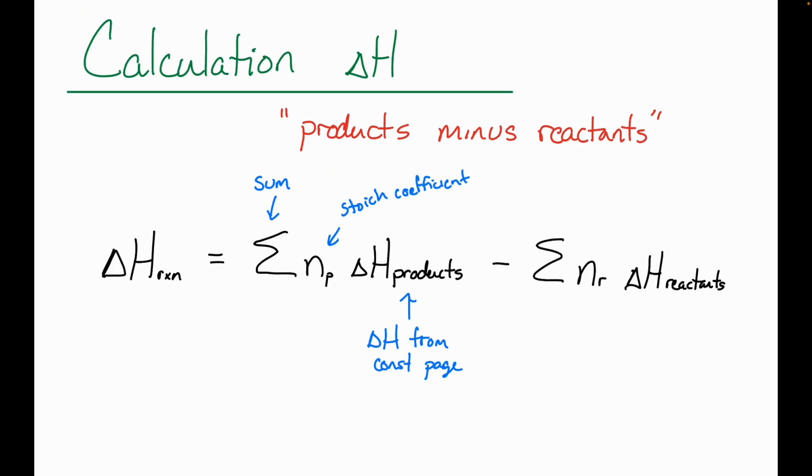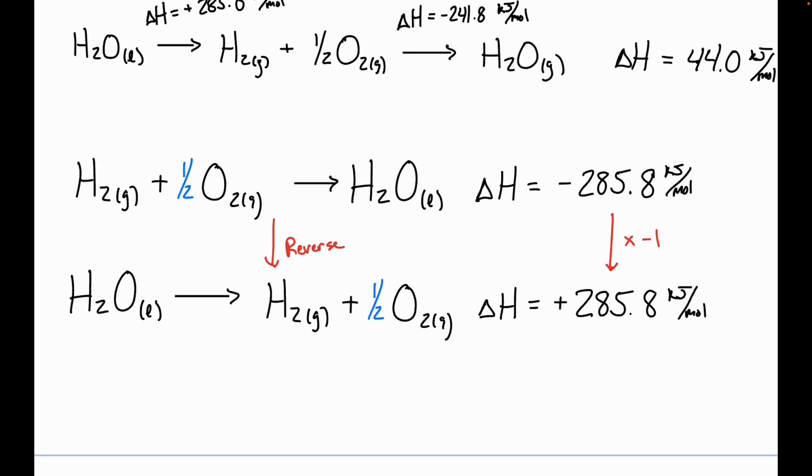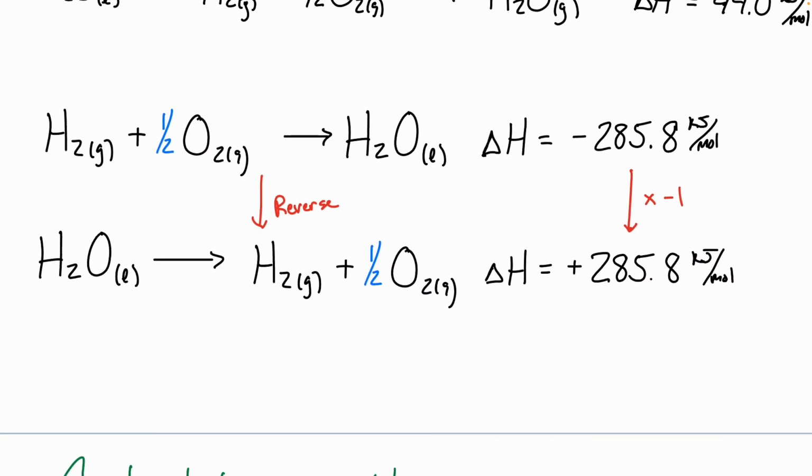That's how we use that constants page. And we talked about why it's minus your reactants, because remember, you have to take that formation reaction and reverse it, which means that you take that delta H value and multiply it by -1, right? So you subtract the delta H of your reactants.